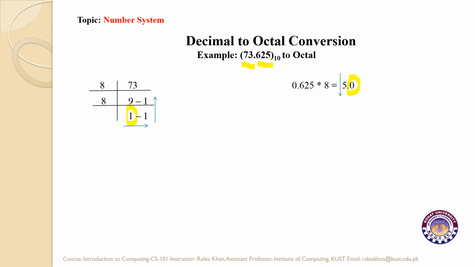So for writing the answer, we need to merge these two parts, both the integer and the fractional part. 73.625 in base 10 is equal to, 73 has been converted to 111 here, in bottom up manner.